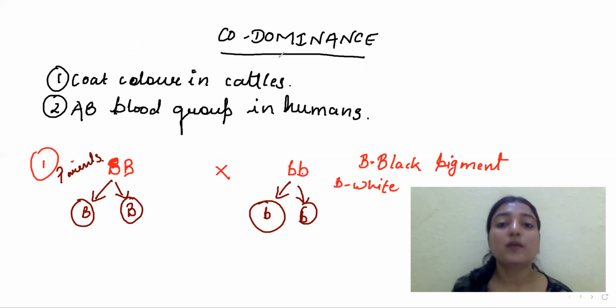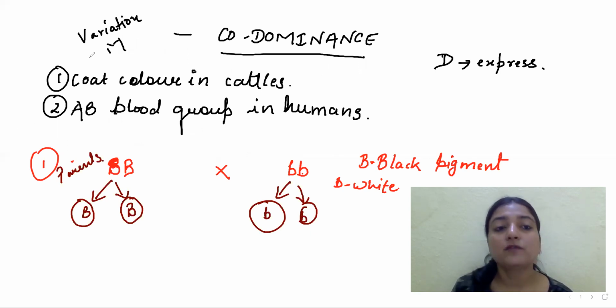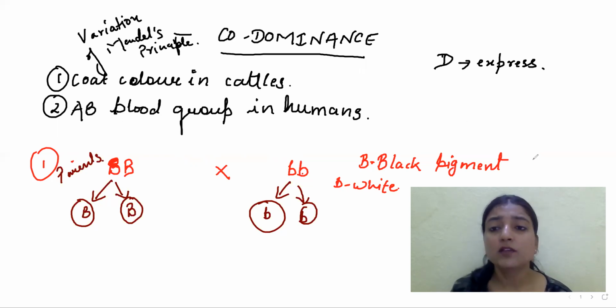Codominance is when, according to Mendel's law of dominance, the dominant one is going to express itself. But as codominance is an example of variation from Mendel's principle, here the dominant allele as well as the recessive allele express themselves together.